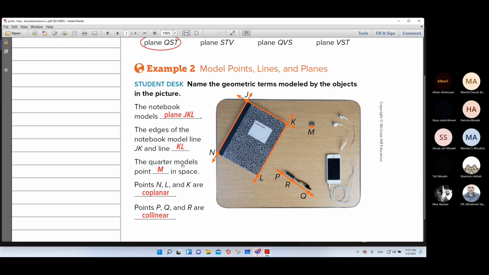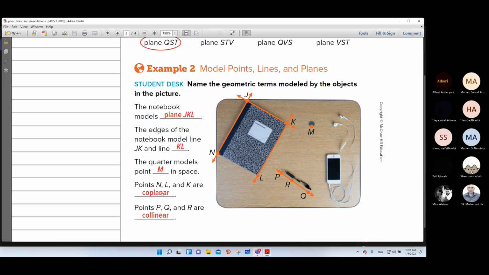The quarter models point M in space. So M will be a point. Points N and L, N here, L here, and K are coplanar. Why are N and L and K coplanar?